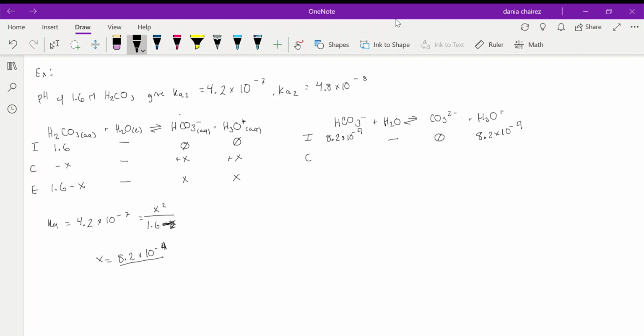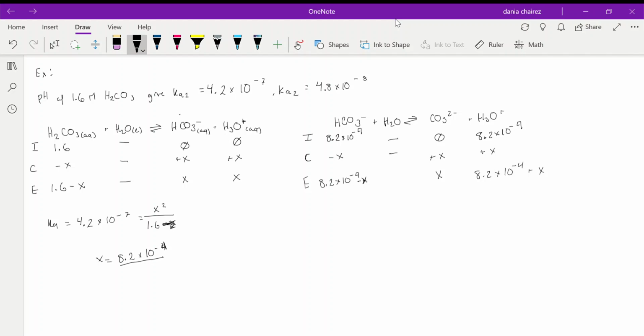So then our change, minus x, doesn't matter, plus x, at equilibrium we have 8.2 times 10 to the negative 4 minus x, and then 8.2 times 10 to the negative 4 plus x.